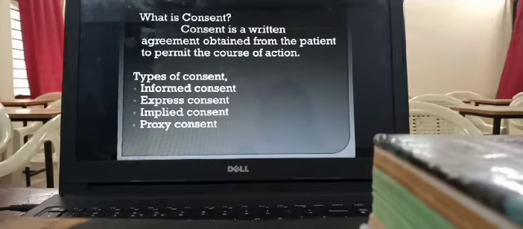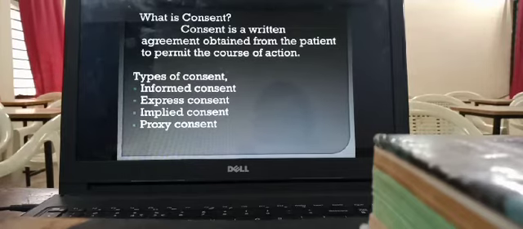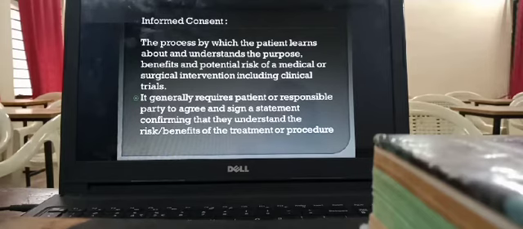Among these, we will be studying in detail about the informed consent, but I will also explain the other types of consent. First, informed consent.